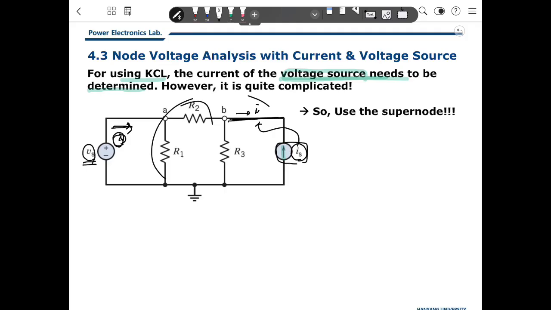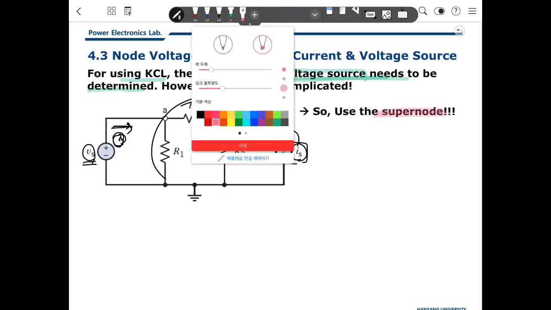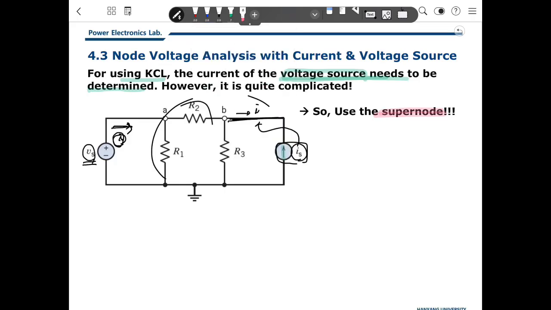Here, you can use the supernode concept. Supernode, what is a supernode? I will explain, but a supernode involves the kind of independent or dependent voltage source. You choose the node. As you see, the node here is like that.